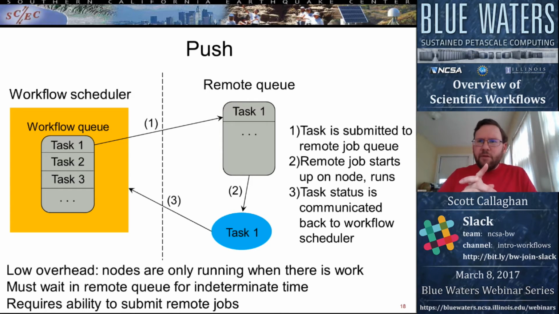The other thing that's really important here, and that maybe doesn't seem important but is key, is this link 1 here, right? We have to be able to do this. There has to be some way that we and our workflow tool can send a job across the network and put it into the remote queue on another system.